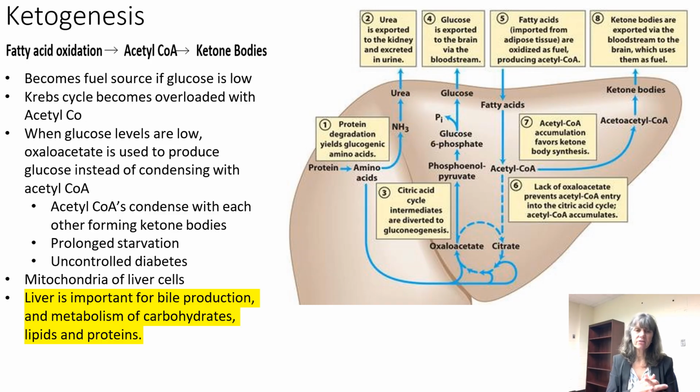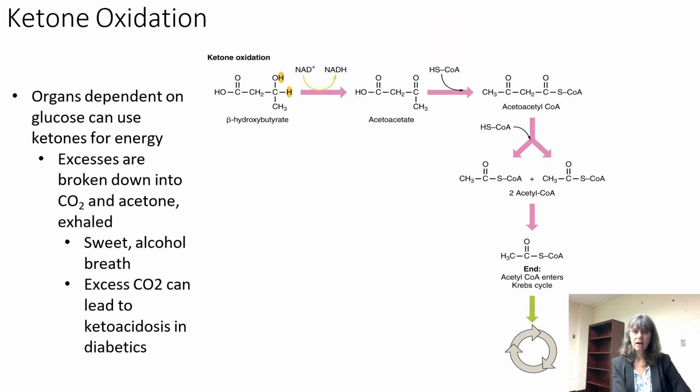And it's important to understand that the liver is a really important organ in terms of bile production for emulsification of fats, as well as for the metabolism of carbohydrates, lipids, and proteins. Organs that are normally dependent on glucose can use ketones as an alternative source of energy, because ketones can be broken back down into acetyl coenzyme A if there's not too many of those molecules.